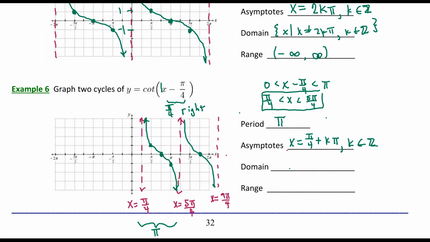You can graph 2 cycles by putting another copy on either the right or the left. It doesn't matter. Now, the domain of this graph is going to be everywhere except where those asymptotes occur. So make sure you get a not-equals in your domain: x is not equal to pi over 4 plus k pi. Do specify that k is an element of the integers. And the range, no surprise here, is -infinity to infinity.